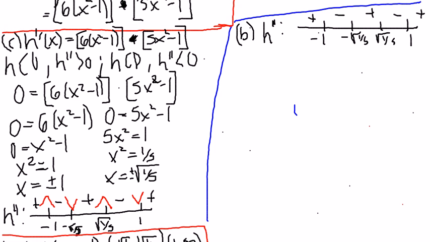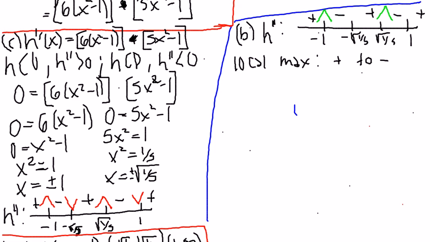So we know that there's a local max when it goes from positive to negative. And so let's see, we'll do the positives in green. So it's going from positive to negative at negative 1 and at positive root 1/5.